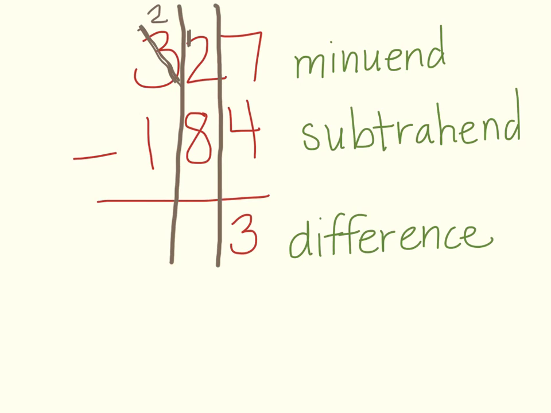So I then would have 12 minus 8, and that would be 4. Then I move to the next place value, and I would say 2 minus 1, which is actually 200 minus 100, but we say 2 minus 1 is 1. So I am done. I have finished all the way through my place values.